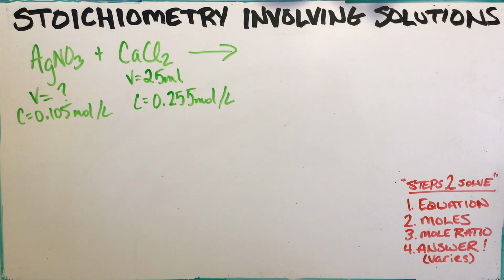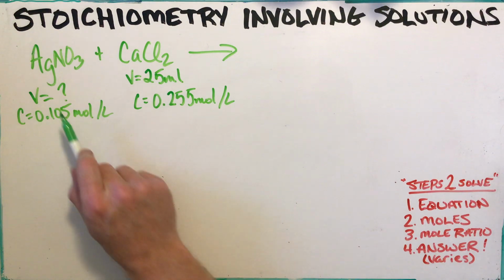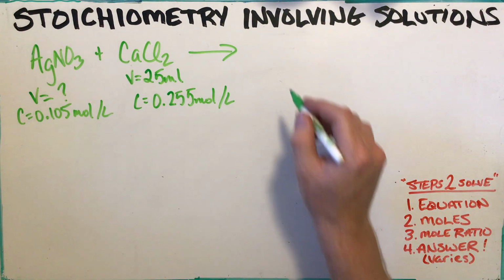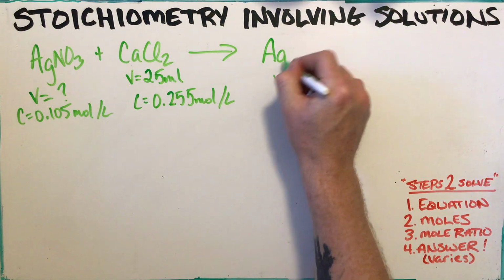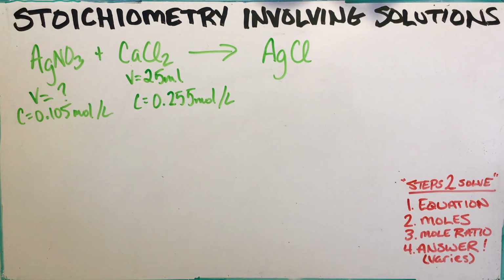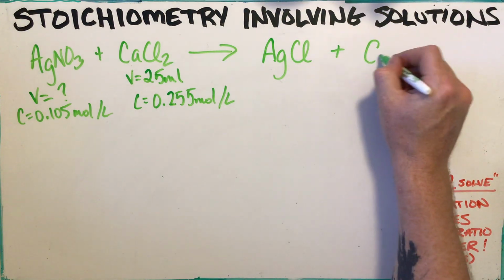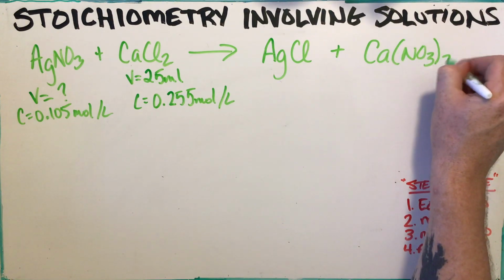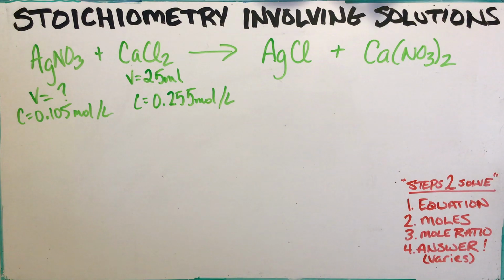So, finish off my equation. Double displacement, so I'm going to switch these two metals. Silver and calcium are my metals, they're going to switch. So silver 1 goes with chlorine, so it'll be AgCl. And calcium goes with nitrate, and that's going to be Ca(NO3)2. And then I have to balance this thing off.